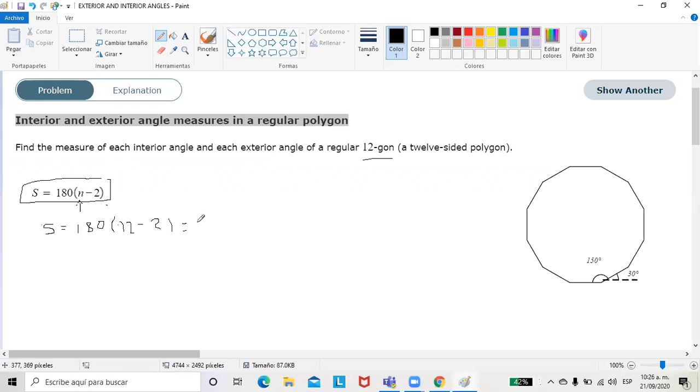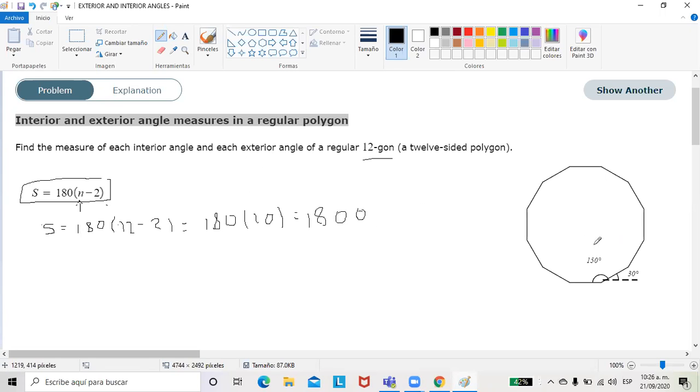And this is equal to 180 multiplied by 12 minus 2, which is only 10. As you solve this, it is equal to 1,800.